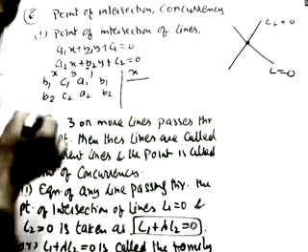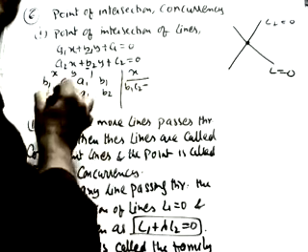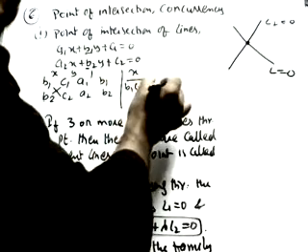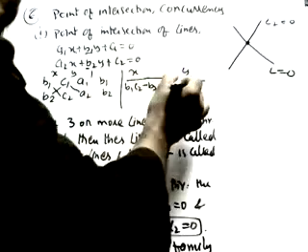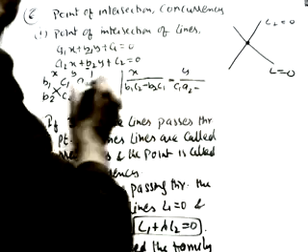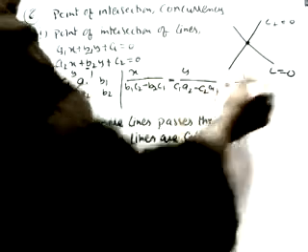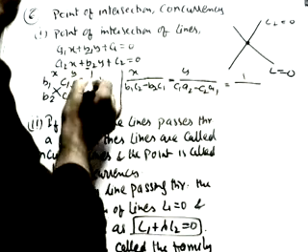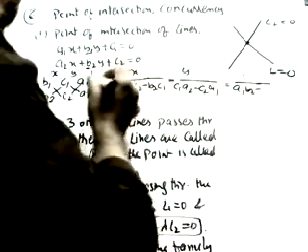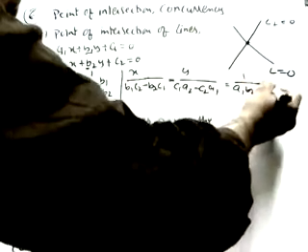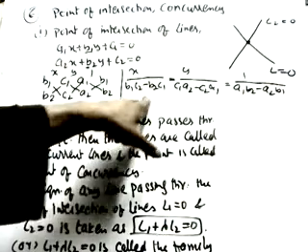Now multiply: x divided by, cross multiply, B1 C2 minus B2 C1, equals y divided by C1 A2 minus C2 A1, equals 1 divided by A1 B2 minus A2 B1.